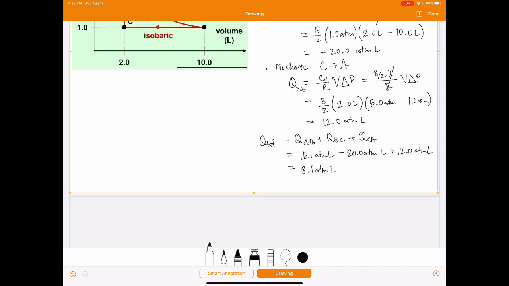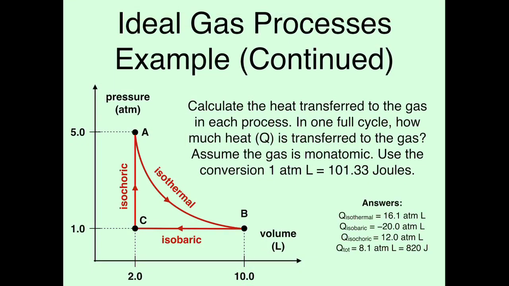And that's the same as what we got before, right? When we converted the units, we got 820 joules. So a total of 820 joules are transferred to the gas in the form of heat during this process. Okay, so to summarize the results, the heat during the isothermal process was 16.1 atmosphere liters, minus 20 atmosphere liters during the isobaric process, and then 12 atmosphere liters during the isochoric process.